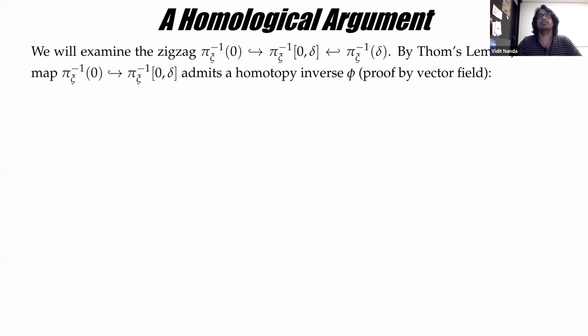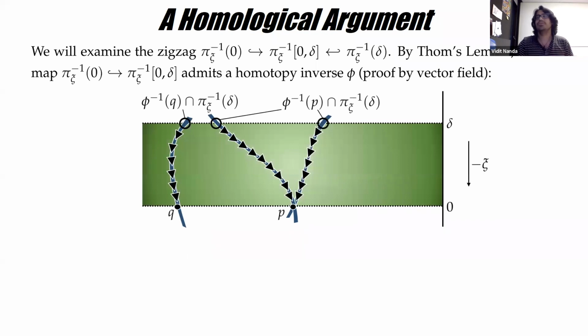And now there's a homological argument. So you have the level set at 0, you have the level set at delta, and then you have the level set over the whole interval 0 to delta. And now you do just basic vector field stuff: look at the downward pointing vector field on the interval 0 to delta, lift it because you have Thom's isotopy lemma, so you can lift vector fields because the derivative is surjective.